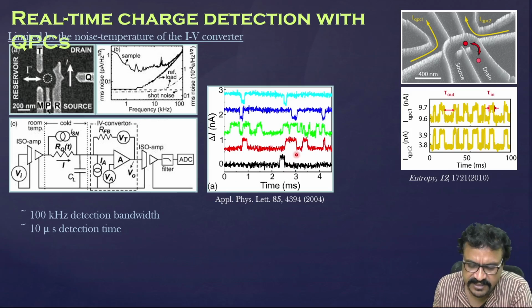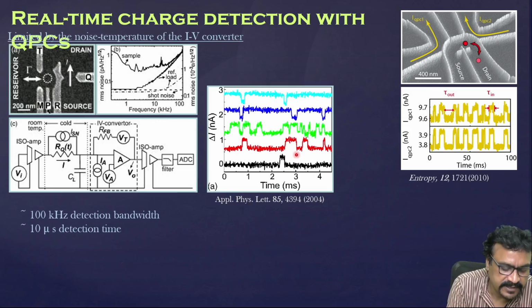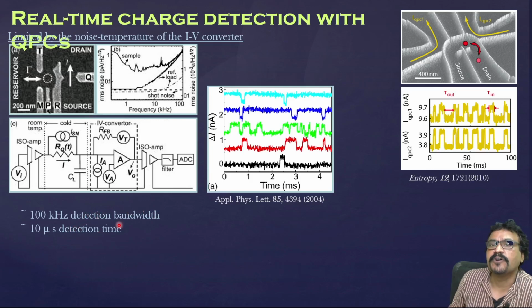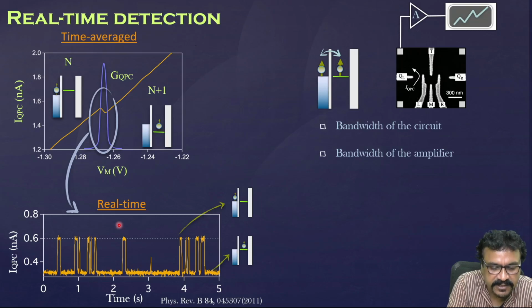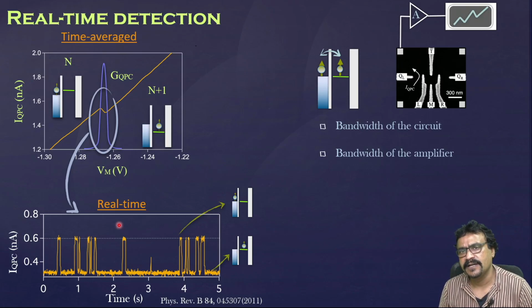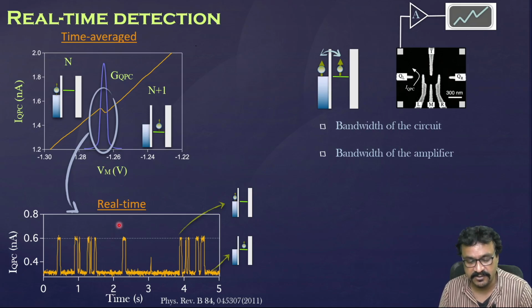So what we are seeing in all these measurements is bandwidths of hundreds of kilohertz maximum, which correspond to tens of microseconds, but not more. These measurements, whether the previous one or the next one, are limited to tens of kilohertz to a maximum of 100 kilohertz, but the dephasing time scales of some of the systems are in microseconds.